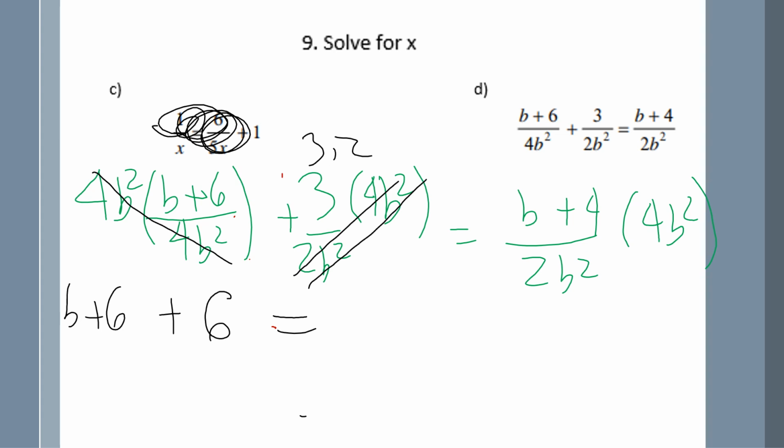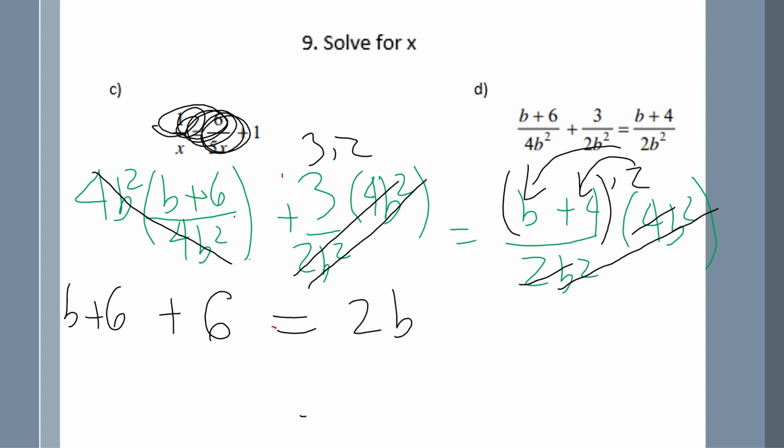Now, let's do what's on the left-hand side. So, the b squares cancel out, and the 2's also cancel out, so that's just b squared times 2. So when you multiply distributive property, there's going to be 2b plus 4.